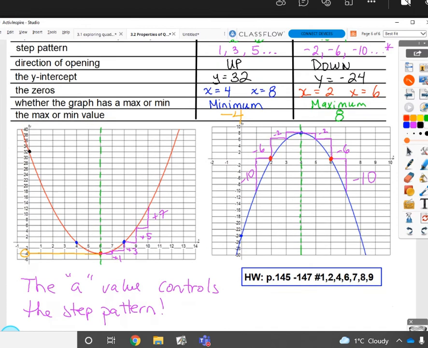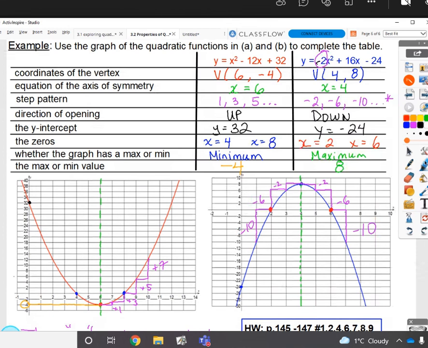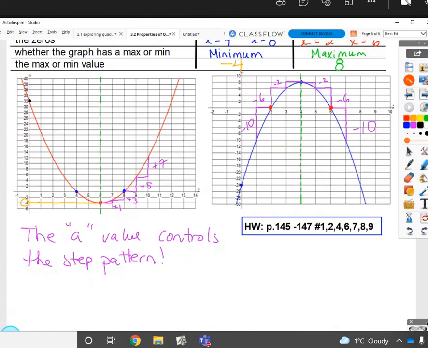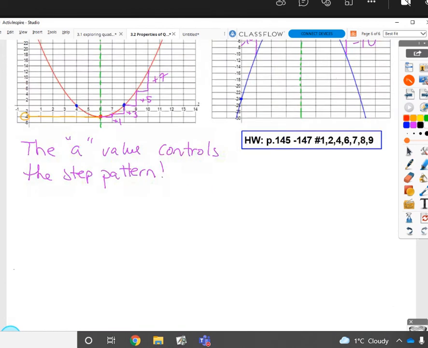Well, let's have a look at this first one here. The first quadratic has an A value of what? What's the A value here? Well, yeah. A lot of us are thinking 0 because it's not there. But really, there's a hidden positive 1 right there. You agree? So in this quadratic, the step pattern is going to be 1, 3, 5. But like I said, A will control it.